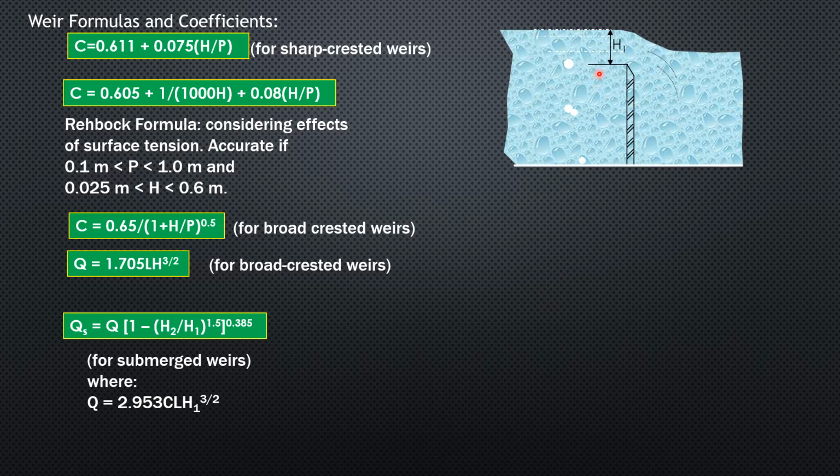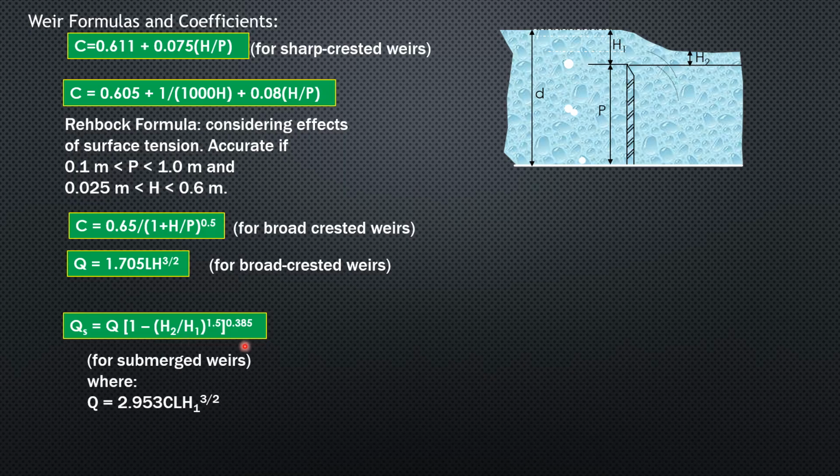So this is the definition of H1. H2 would be this. So that's the height of the weir, P. That's the depth in the channel, and this is the submerged weir, and that's H2.